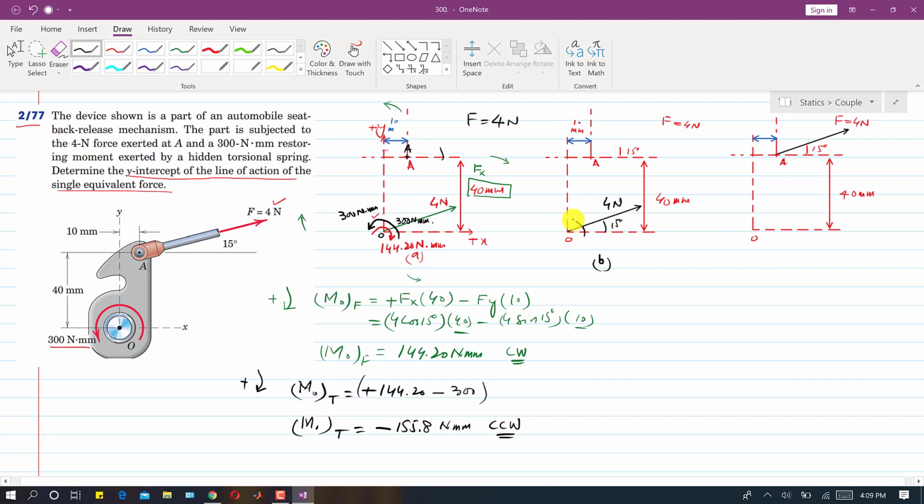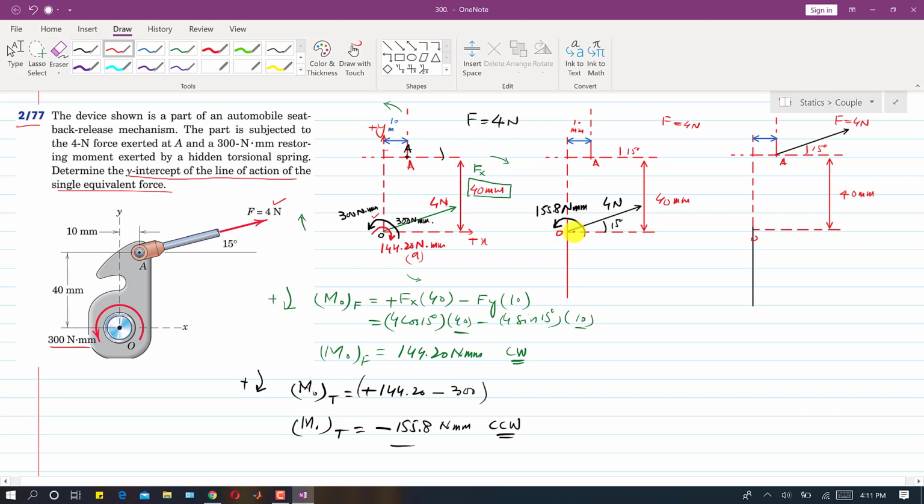And we will have this moment, which is equal to 155.8 Newton mm, right? If I also extend the y-axis in this direction, let me extend it here, and let me remove this B. So let's suppose this is the point O.